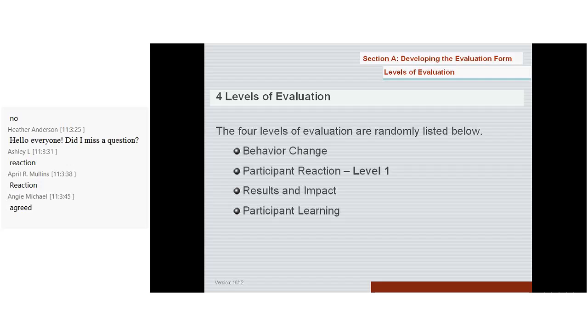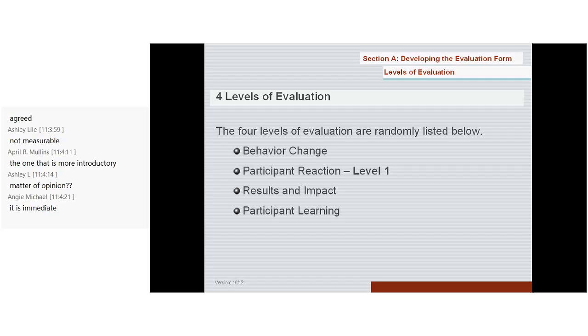Why do you think it's considered level 1? Why do you think this is the beginning level, the easiest level in evaluation? Well, I think it's probably easy to read body language and just to get a feel for your participants, it's observable.